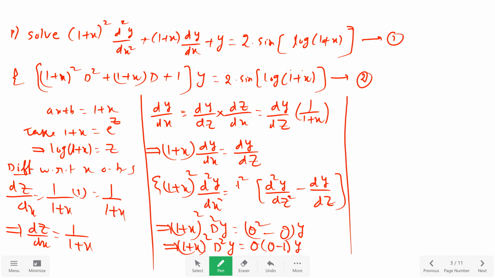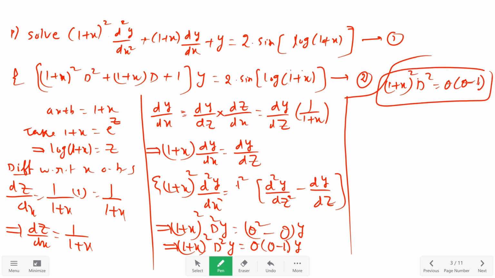So now y can be removed on both sides. Therefore (1 + x)² d²y/dx² = θ(θ − 1). So this is the next.